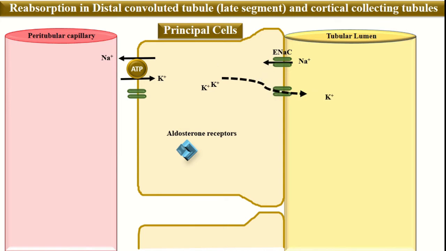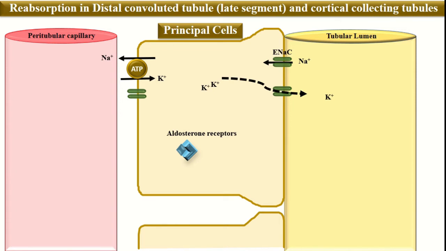So the function of aldosterone is that it is going to increase the reabsorption of sodium in the body, and along with the sodium there is increased osmosis of water. So sodium and water are going to be reabsorbed, while aldosterone is going to cause increased secretion of potassium into the tubular lumen. So there is loss of potassium from the body.